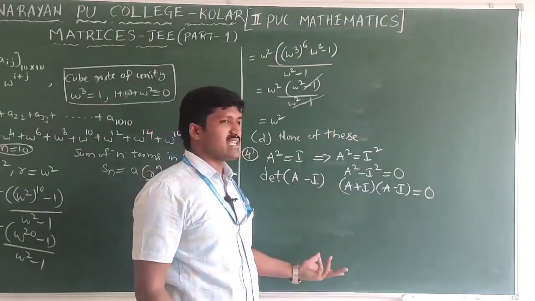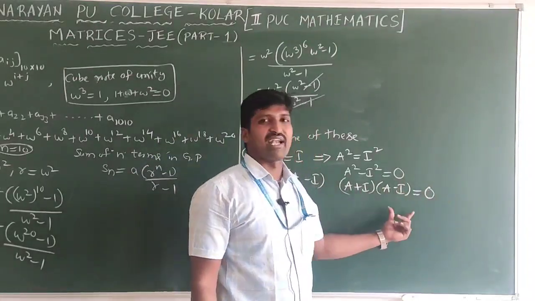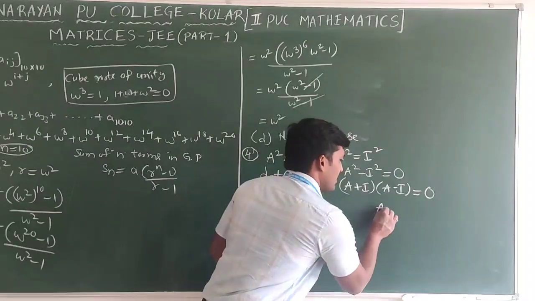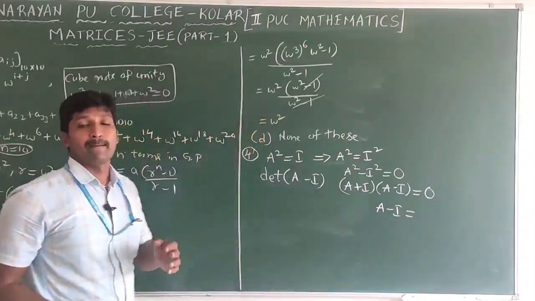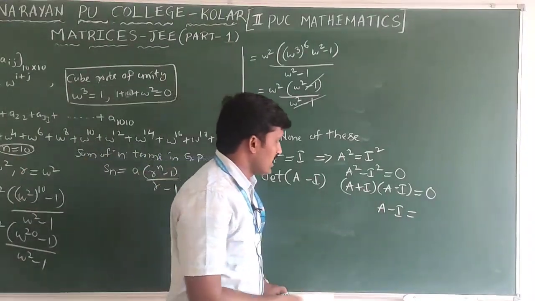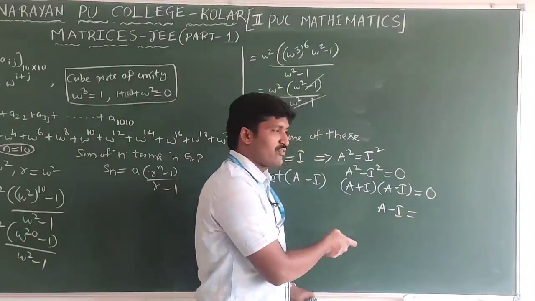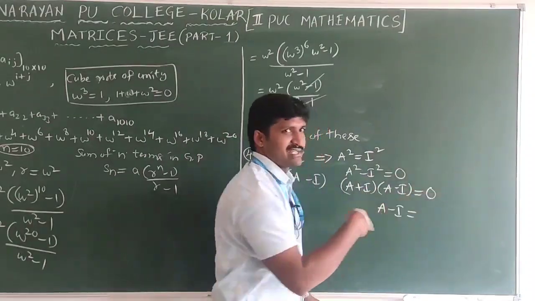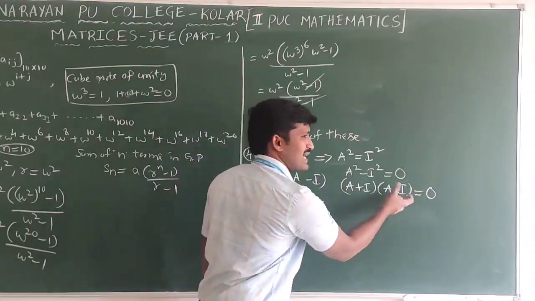From this what can you say? Nothing, because the determinant of A minus I, if you simplify this, you never get anything. And here one more thing, it is not a number, that's why A plus I into A minus I, we can't find, we can't take A plus I to the right side, it is not possible. That's why we can't find the value of the A minus I matrix.